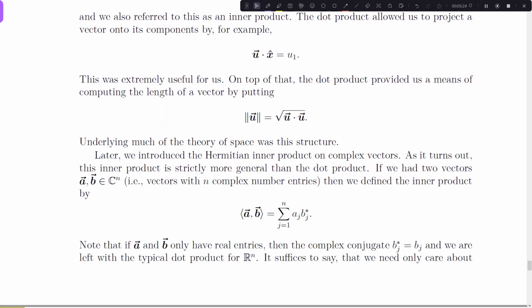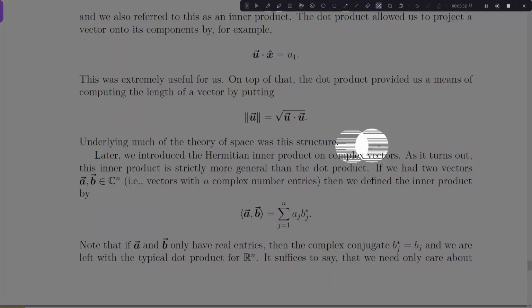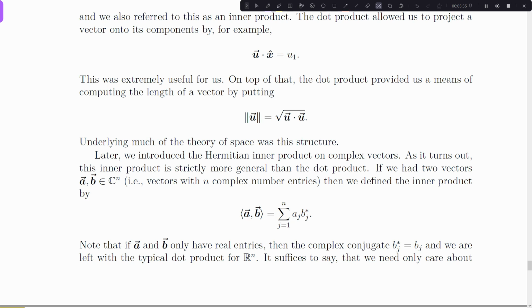Well, there was also this idea of a Hermitian inner product on complex vectors. I'm not entirely sure if you did cover that, but according to the book, you did. If you didn't, it's defined as the following. Suppose I have two complex vectors, a1, a2, dot, dot, dot, an, and b1, b2, dot, dot, dot, bn.